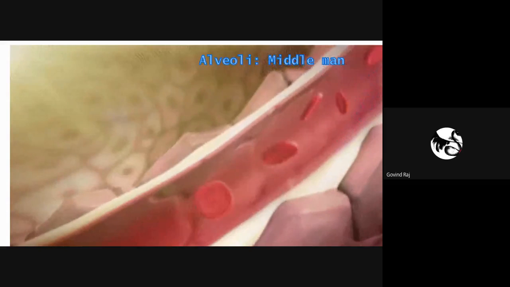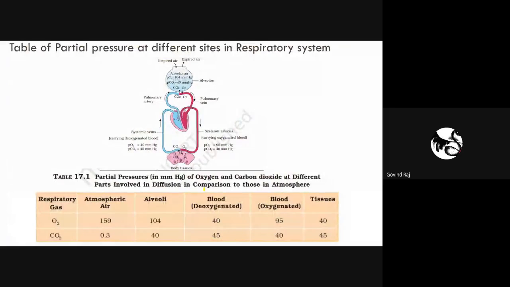So here there is the partial pressure. We have studied in lower classes that partial pressure is the pressure exerted by a particular gas in a mixture of gases. If we have two gases A and B and we add the partial pressure of each gas, we get the total pressure.